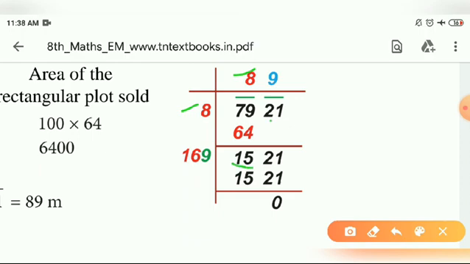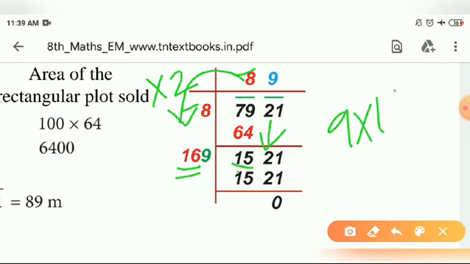Next, take down the next pair 21. The number will change to 1521. The next step is the new quotient section has 8. Multiply the number by 2. 8 2s are 16. Next you write quotient and divisor will be the same number. 9 means here also 9. 9 into 169 means you get 1521.